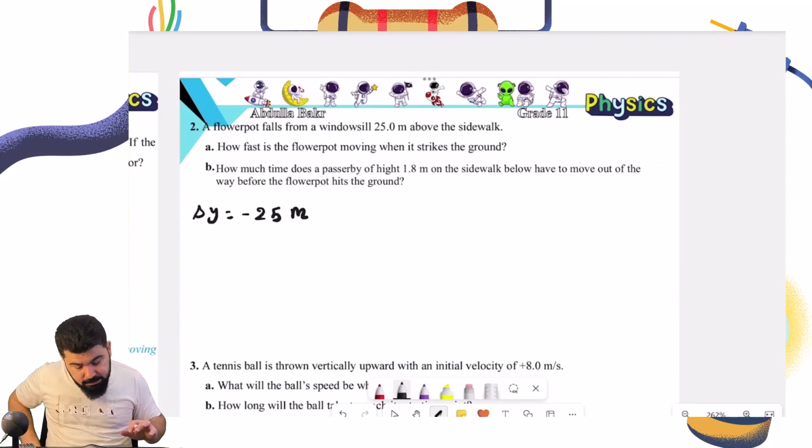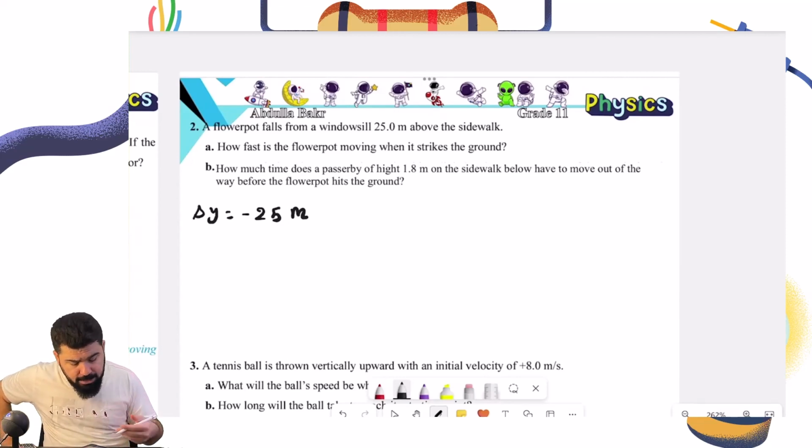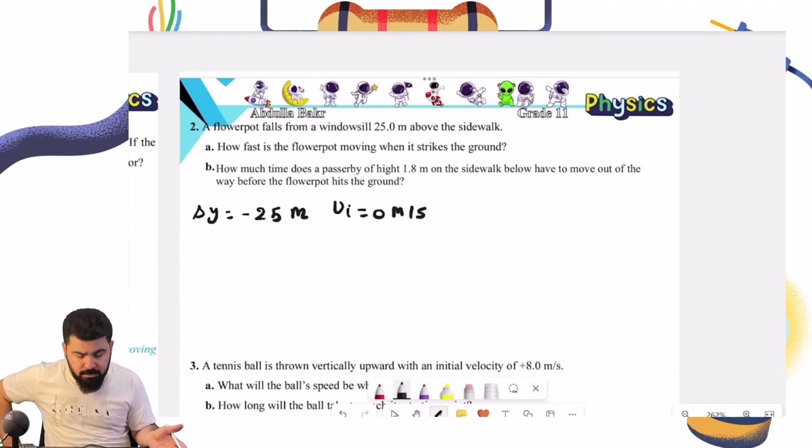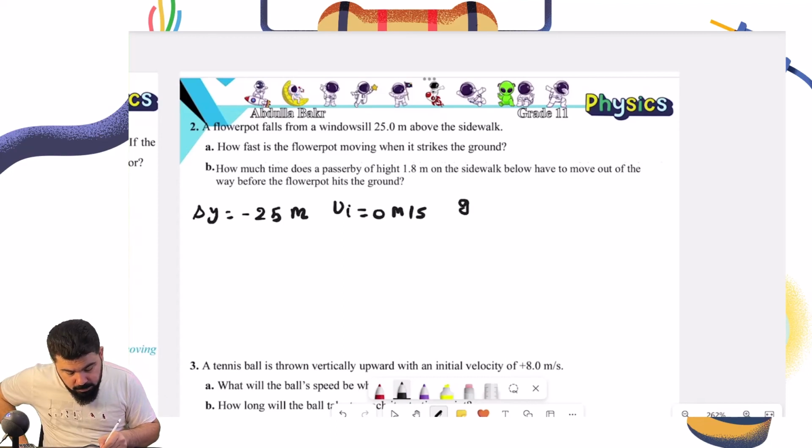Before we reach the question, we know that V initial is equal to 0 meters per second, because the flower pot is not moving in the first place. Then it falls. We know that gravity is equal to negative 9.81 meters per second squared.